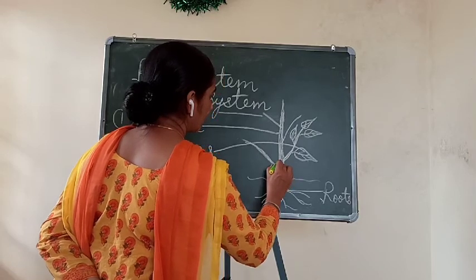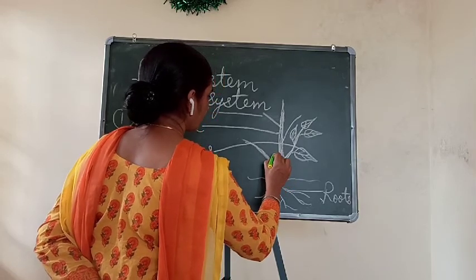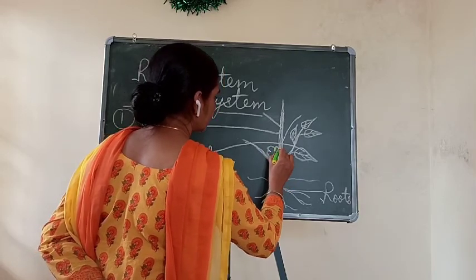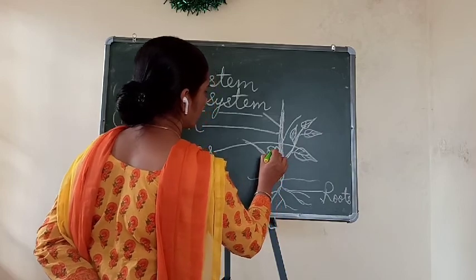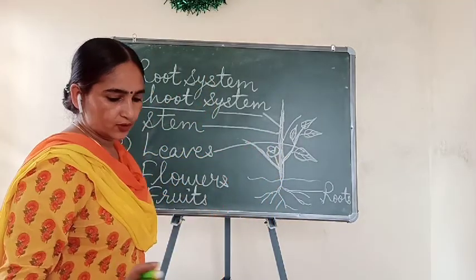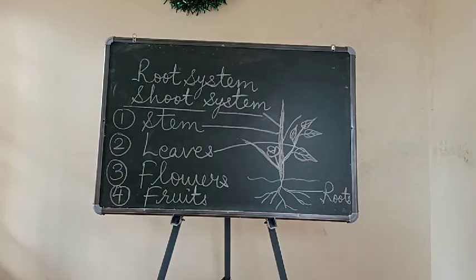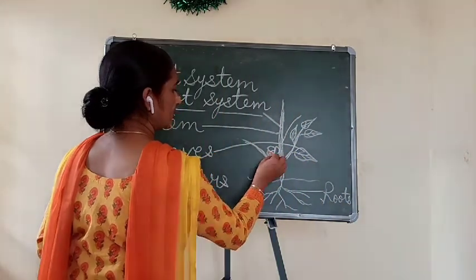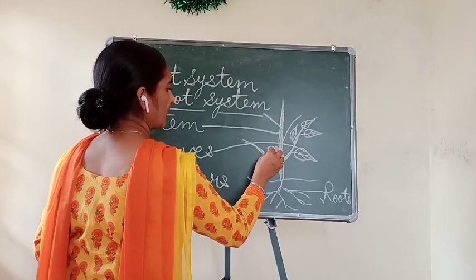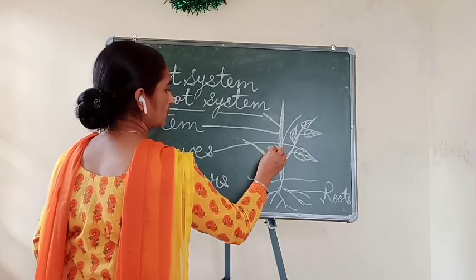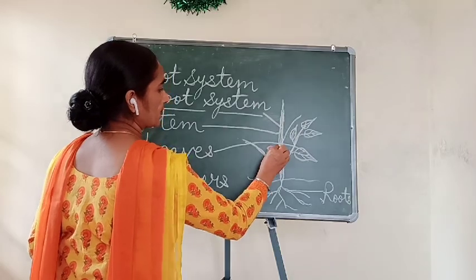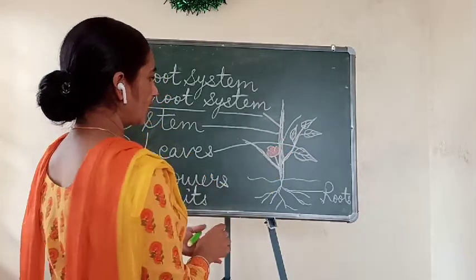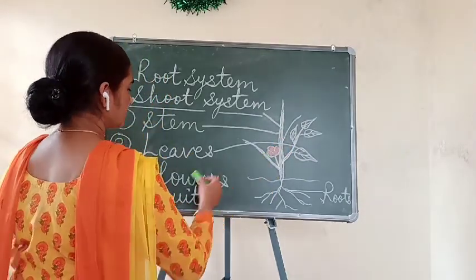Suppose here I'll make a flower in this way. It can be colorful, so I'll color it also. Suppose it is a pink flower, so I'll make pink color here. And this is called a flower.